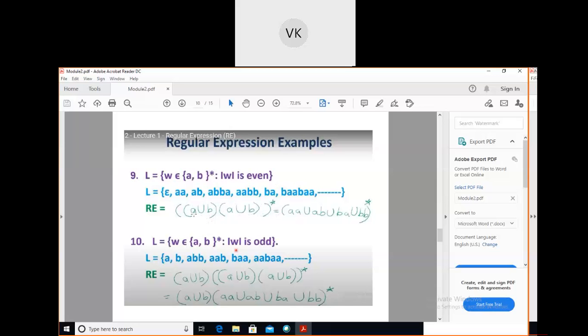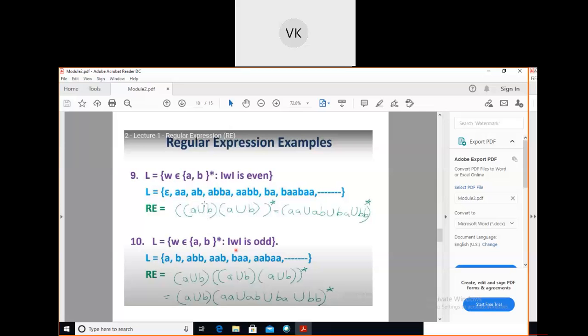Here you see, it may be A or B. Suppose I am going to have epsilon also. Star is there, no? Star means it may have 0, and 0 means epsilon, or any number of times of the possible letters.